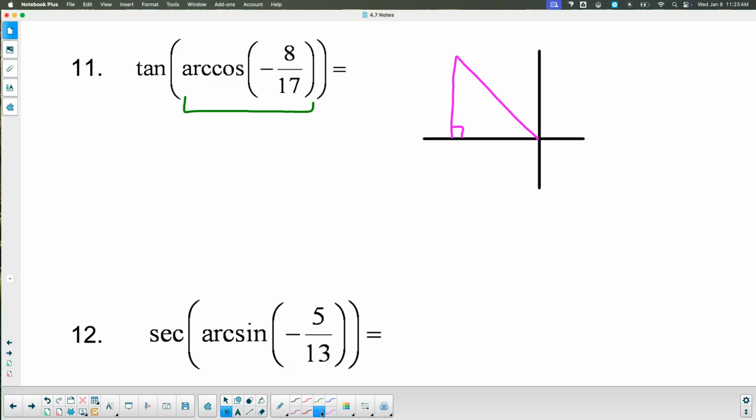Cosine is adjacent over hypotenuse. Actual theta is there, but I can use my reference angle.